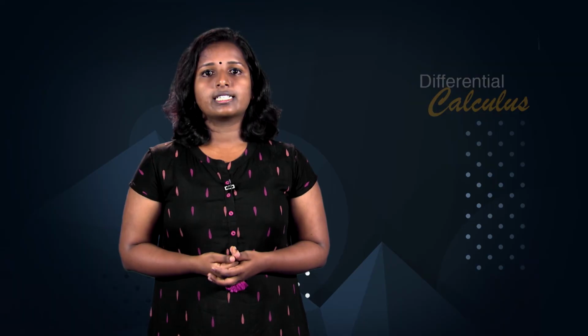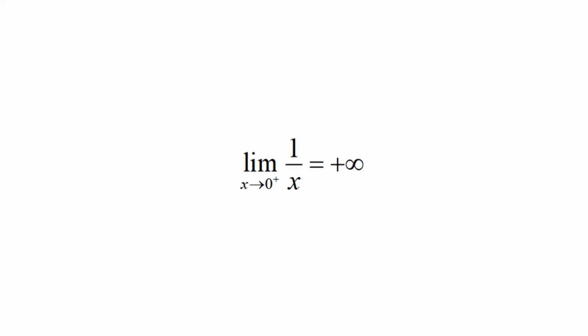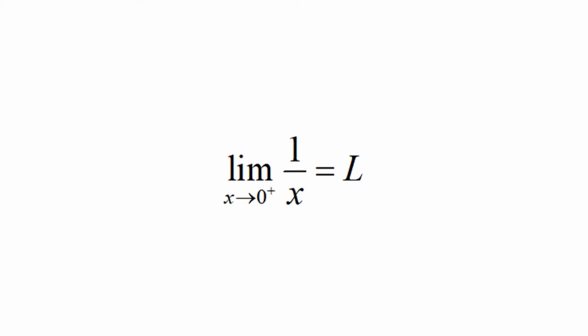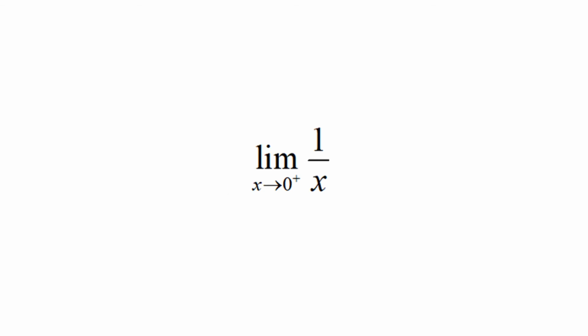We describe this limiting behavior by writing limit of 1 upon x as x approaches 0 from right is positive infinity. As there is no finite real number L such that limit of 1 upon x as x approaches 0 from right is L, we say that limit of 1 upon x as x approaches 0 from right fails to exist.